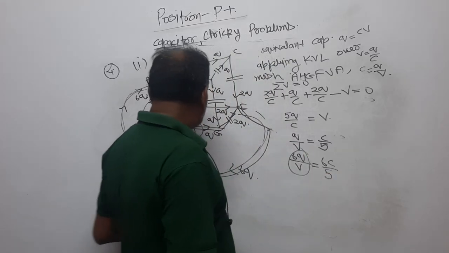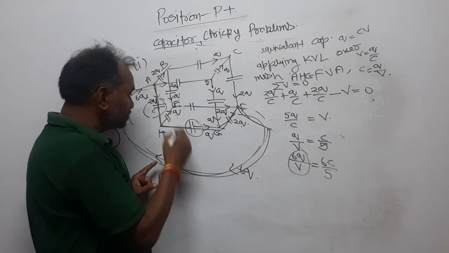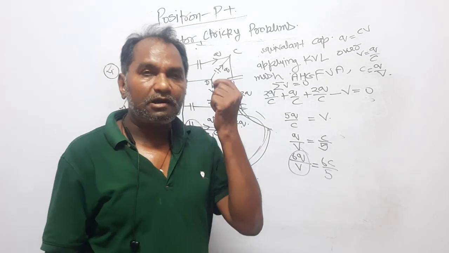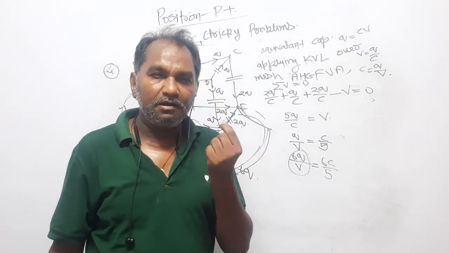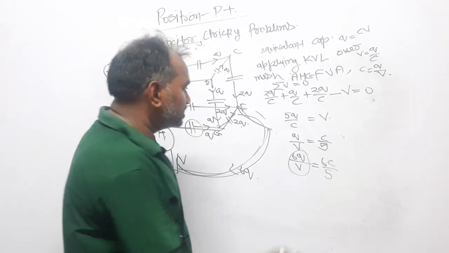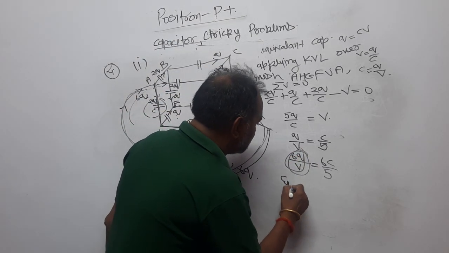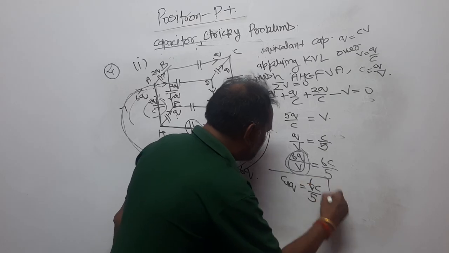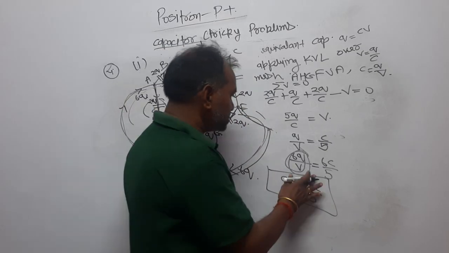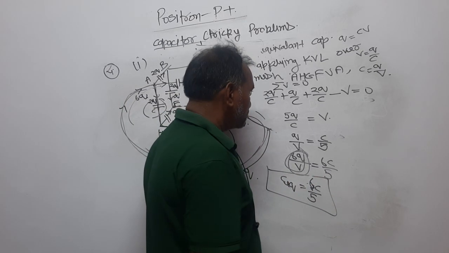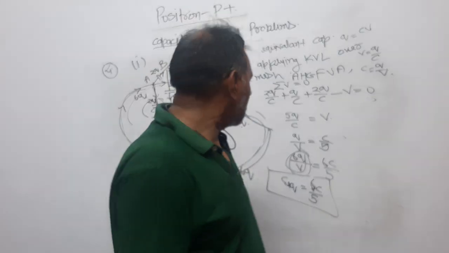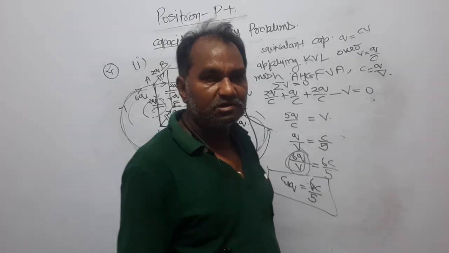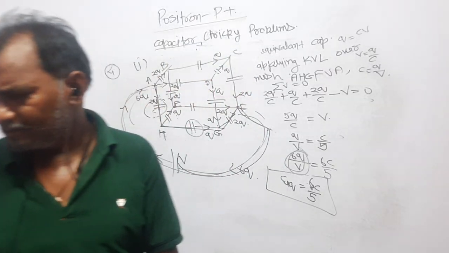Now look here, the total charge issued upon the total voltage of the circuit, that is equal to the equivalent capacitance, C equivalent, and that is equal to 6C upon 5. This is the easiest method to solve this one, right? We applied the KVL, took just the outer loop, and we got the result 6C upon 5.